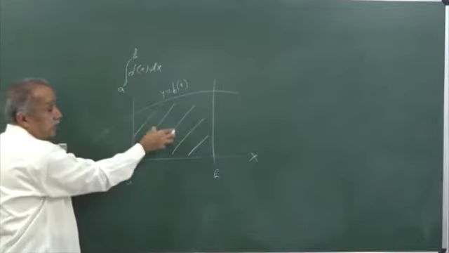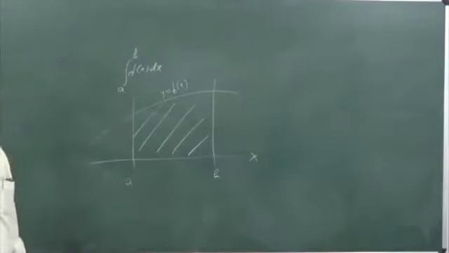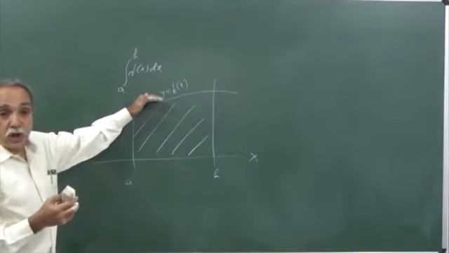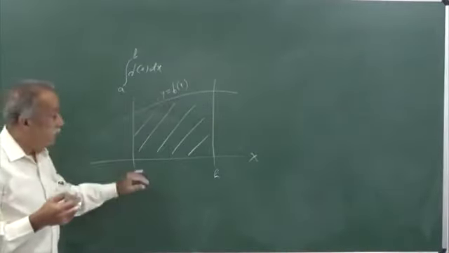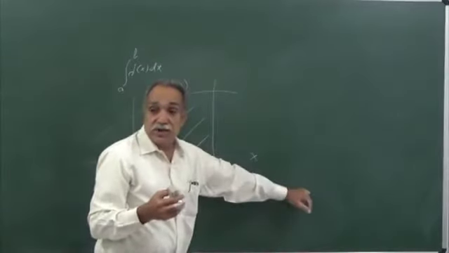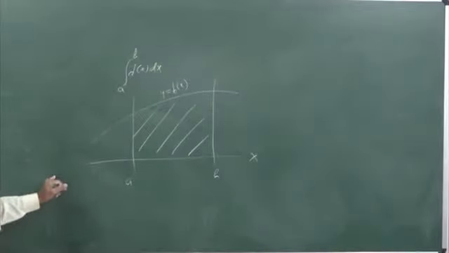This definite integral represents this area, provided there is a condition, there is a clause: this graph must not cross the x-axis between a and b. It may, later onwards, cross the x-axis, no problem. Here, it may cross the x-axis, no problem.